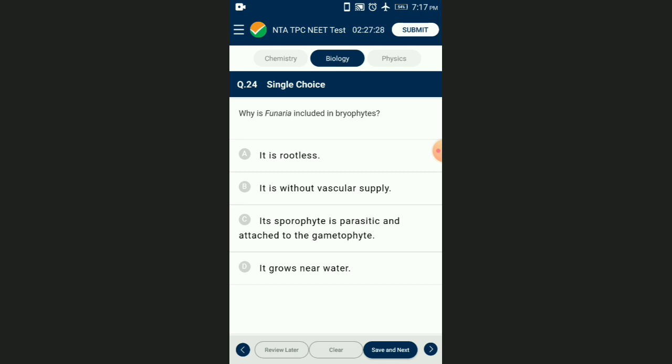The stem-like erect part is found and leaf-like parenchymatous appendages are also found. The sporophyte is diploid and it is parasitic on the gametophyte. Gametophytes grow in shady, damp places near water bodies. So the answer for this question is option C. Its sporophyte is parasitic and attached to the gametophyte.